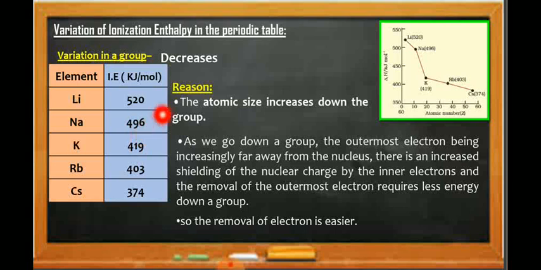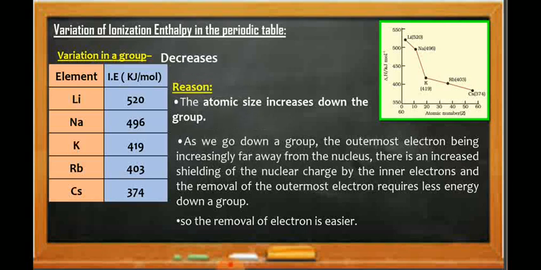The nucleus has less hold on the last electron. When its hold is less, the electron can be removed easily. Removed easily means that going down, less and less energy is sufficient. Therefore, when you move down the group of the periodic table, ionization enthalpy decreases. So the removal of electron becomes easier down the group.